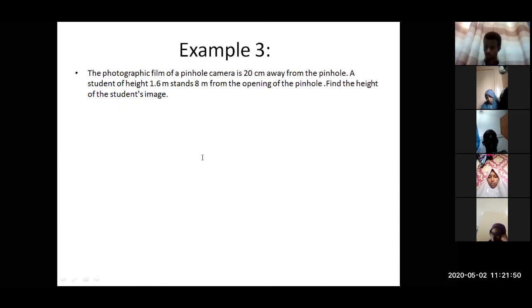And we have gone further to look at how to find magnification. We have looked at magnification as a ratio and it has no units. A ratio of the size of the image to the size of the object. So please remember, when you talk about size of the image, it is the same as the height, and the size of the object is the same as height of the object. And I'm reminding you to use the formula HI/HO is equal to V/U.